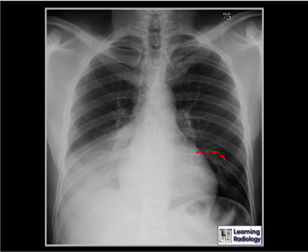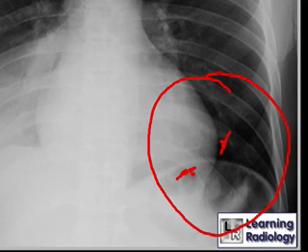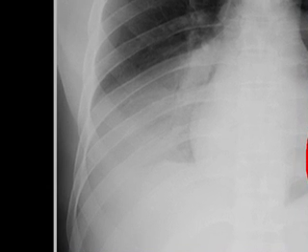Here's an example of the silhouette sign in a different individual. Here in the left lower lobe, which is normal, we can see the left hemidiaphragm because there is air both on top of it and in this case in the colon beneath it. If we look at the right side, we no longer can see the hemidiaphragm.